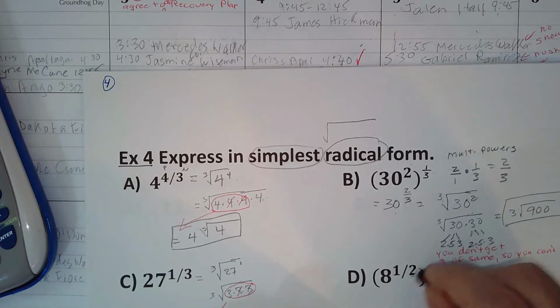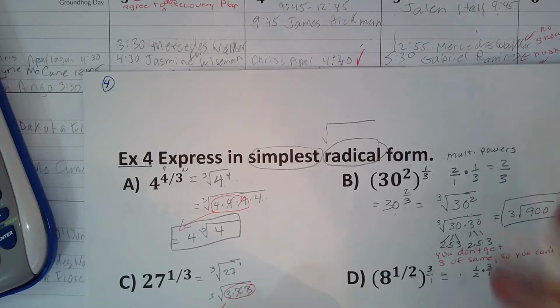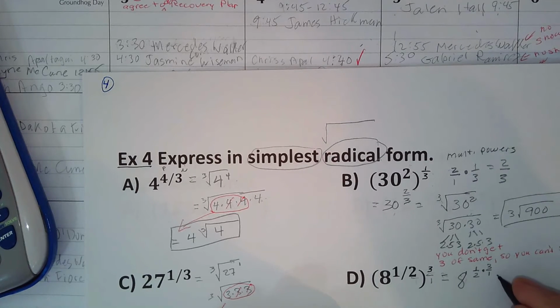This is 1/2. So this is 8 to the 1/2 times 3 over 1. Right? And I'll make this 8 bigger. So multiplying across, you get 8 to the 3 times 1 is 3 over 2, 3/2.